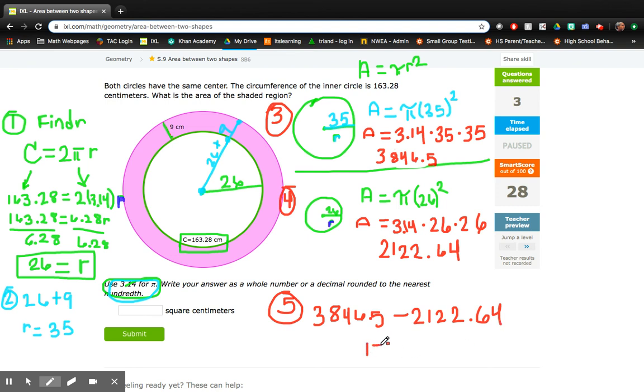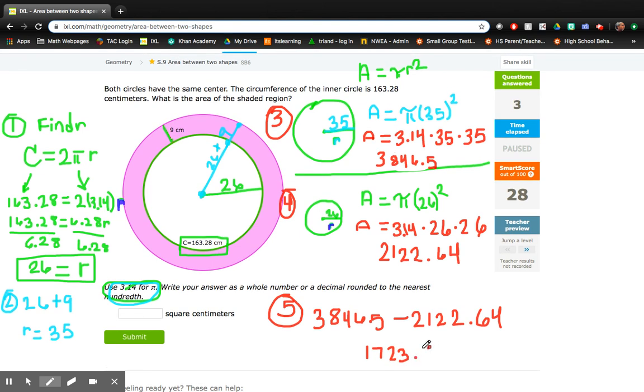And I'm getting 1,723.86, and it so very politely is already in the hundredths place, 2 places after the decimal, so I don't have to worry about any rounding. Okay, so these are the 5 steps to solving for the pink area given a circumference, okay?